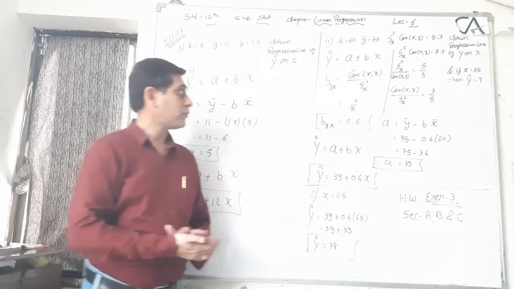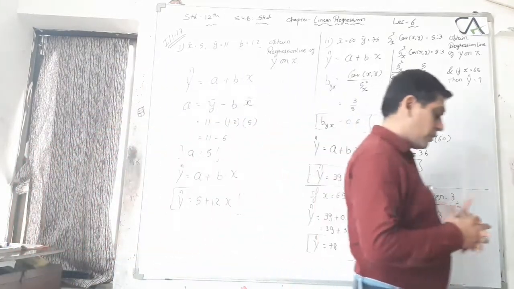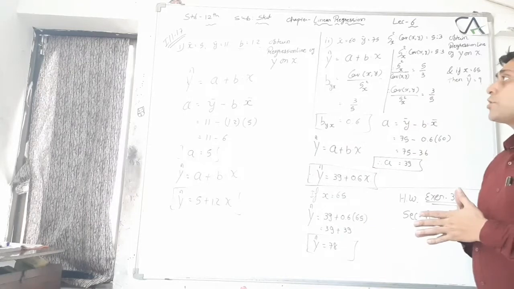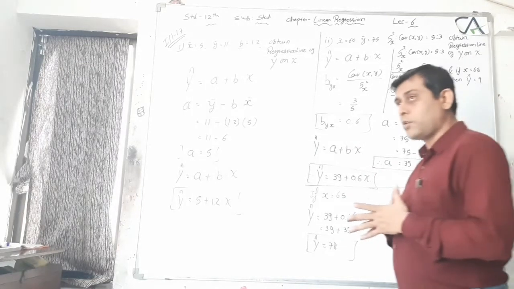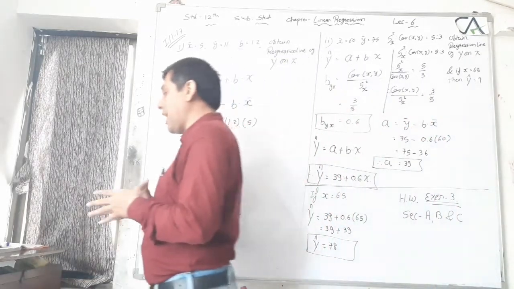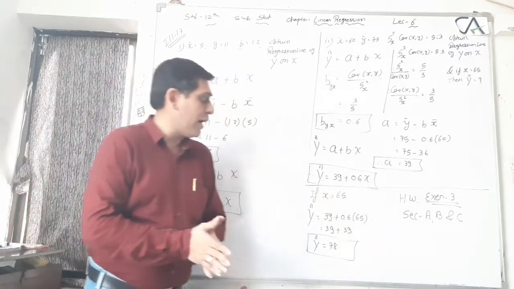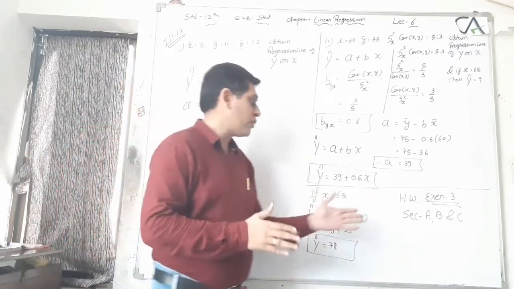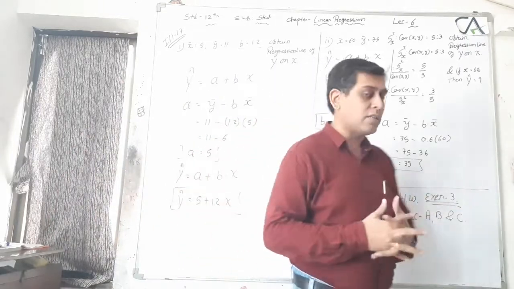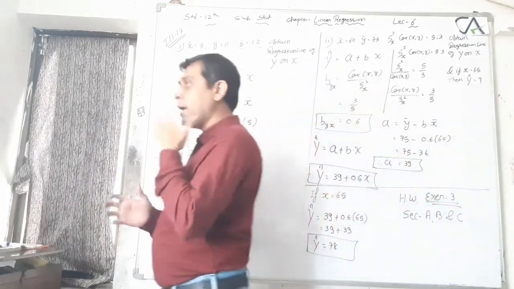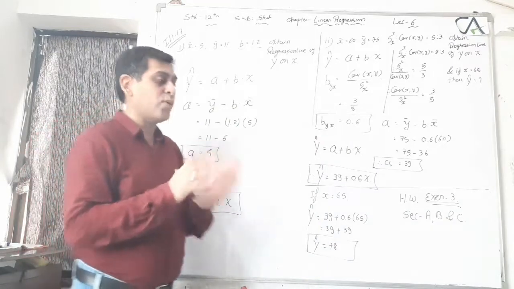Okay guys, see, up to this we have completed illustration number 17, long sums and short sums. Now time for homework. Here is your homework. You have to write in your exercise book sections A, B and C of exercise 3. I know that it is a theoretical as well as practical part.